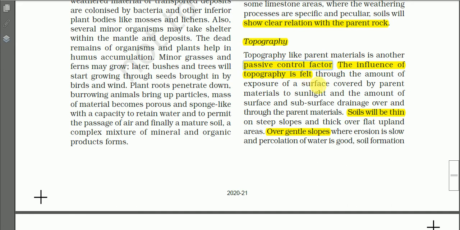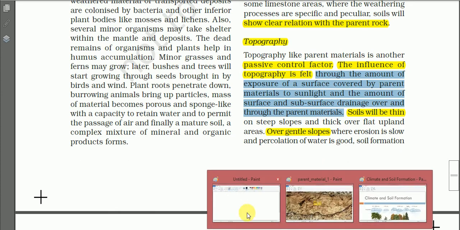The influence of topography, that is landform, is felt through the amount of exposure of the surface covered by parent materials to sunlight, and the amount of surface and subsurface drainage over the parent materials. Actually, aspect is very important in this case.